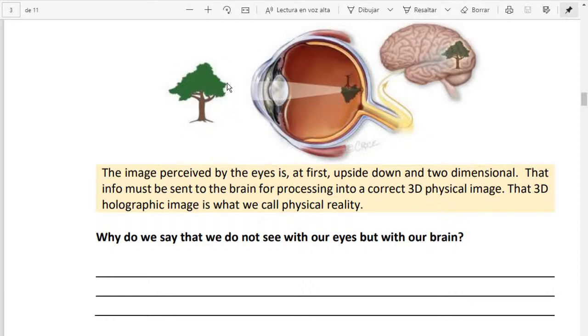So what we see is reflected light. The light that is reflected by this tree enters the eye, enters through the pupil and goes all the way up to the retina. But in this moment, the retina is able to perceive this tree upside down and 2-dimensional.